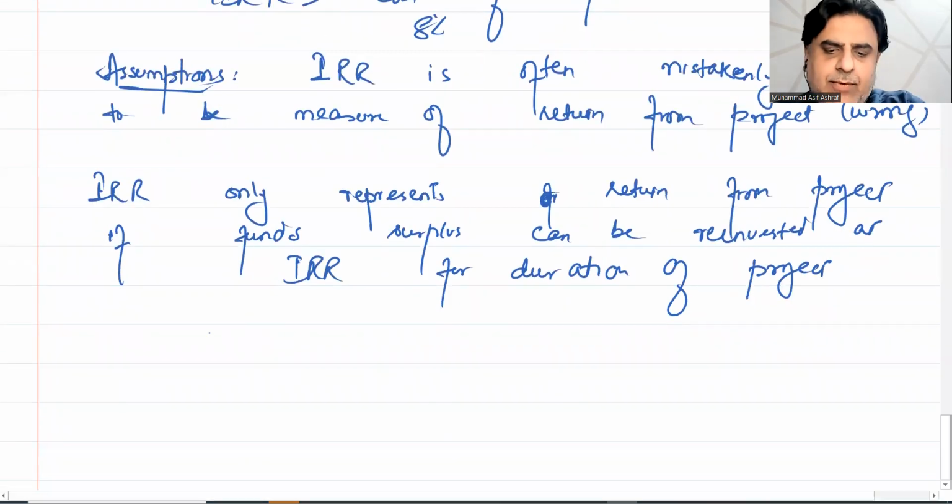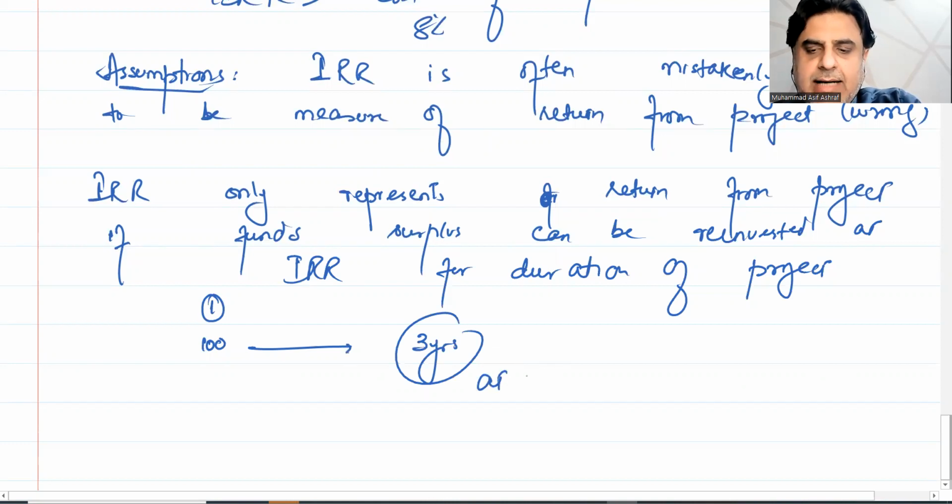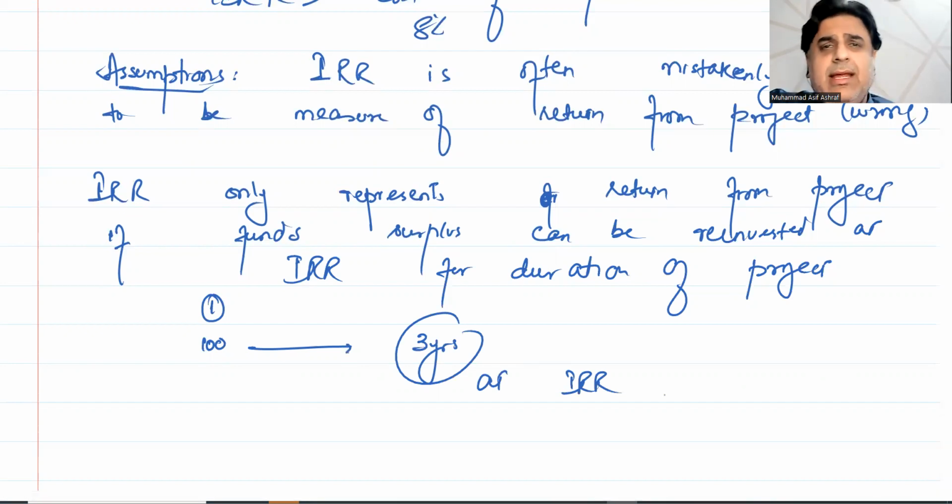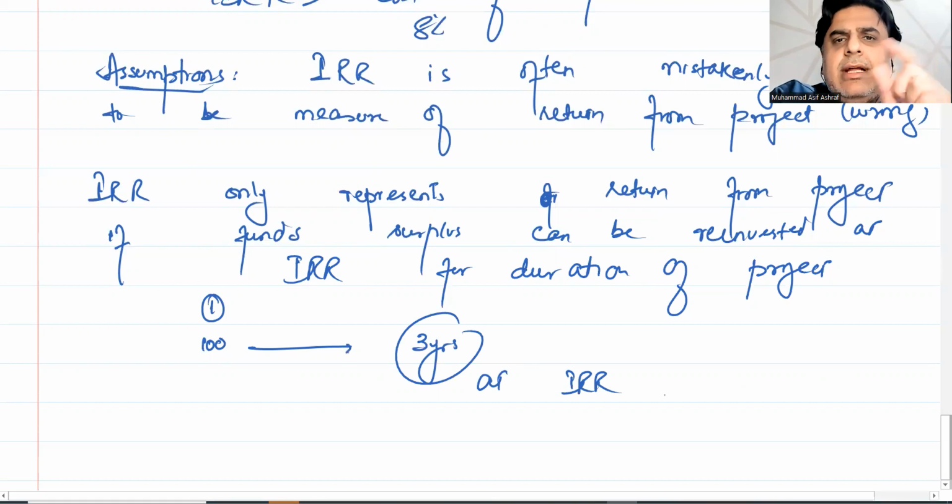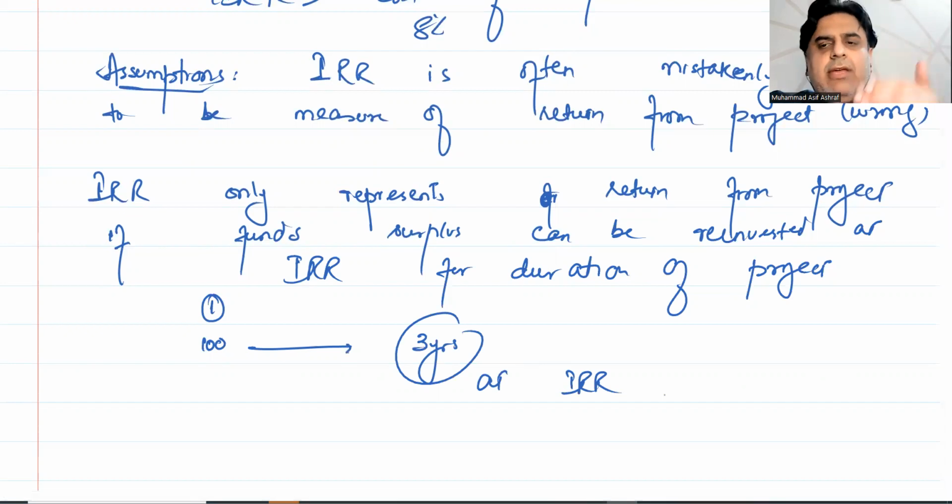So this means in year one, if you have a cash flow of 100, this 100 can be invested for a further 3 years at IRR. This is the assumption of IRR, which is wrong, because practically it is not possible to earn IRR on the same cash flows. For example, if you have a project generating a return of 100, then you are assuming that this 100 will be reinvested again in the same project and will give you the same return of IRR. So practically, it does not hold true.